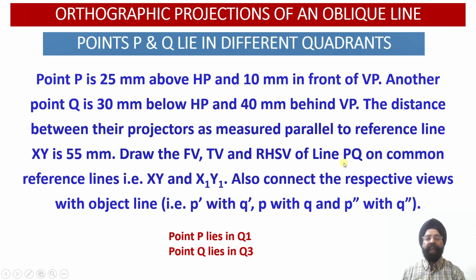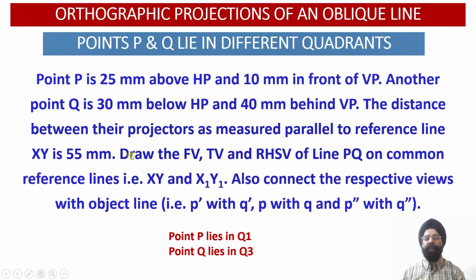So this way we have to plot the projections of the line PQ, and we are also provided with the distance between the end projectors of the line P and Q measured parallel to the XY reference line, and this distance happens to be 55 millimeter.